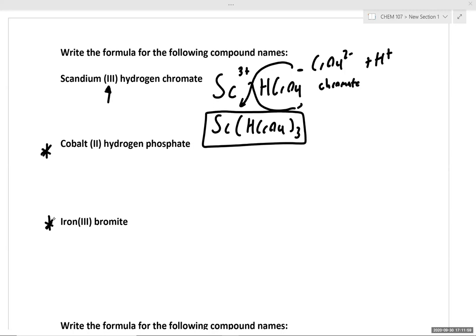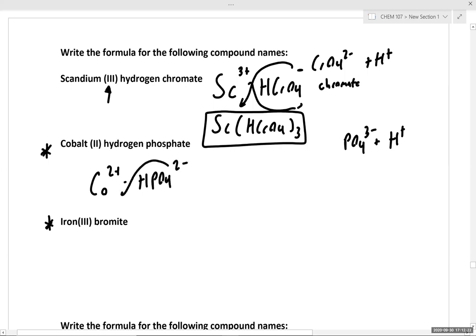Okay, so let's discuss this example. So for cobalt(II) hydrogen phosphate, cobalt is Co, our charge is 2+, phosphate is PO4 3-, hydrogen phosphate is HPO4 2-.